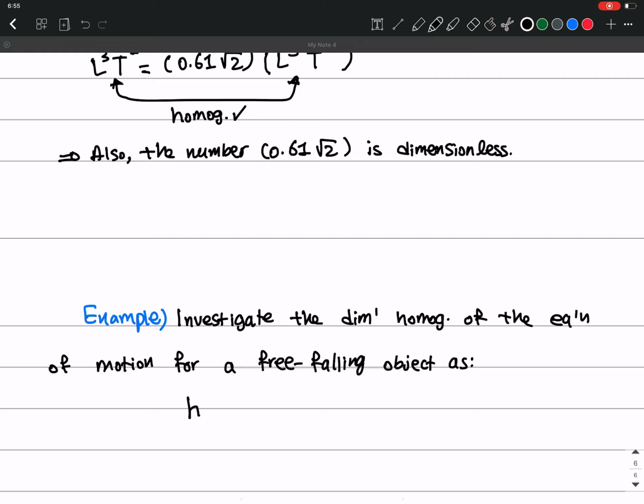So h is the height of a free falling object, and the equation that we have for that is h equals 4.9 times t squared. Okay, so now I want to investigate the dimensional homogeneity of this equation.